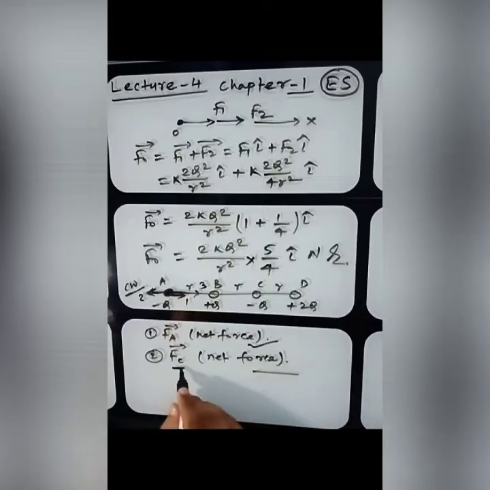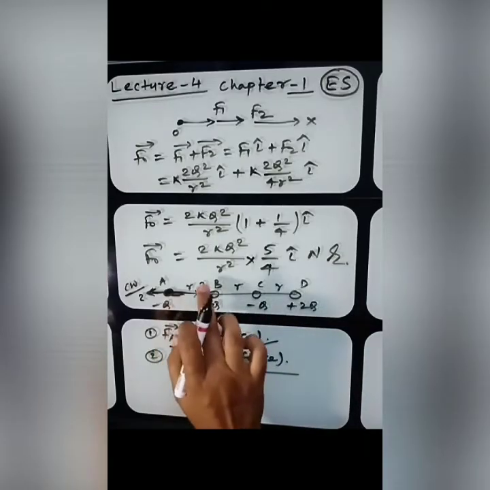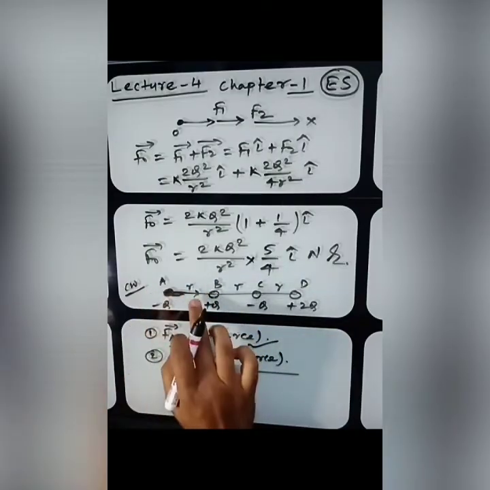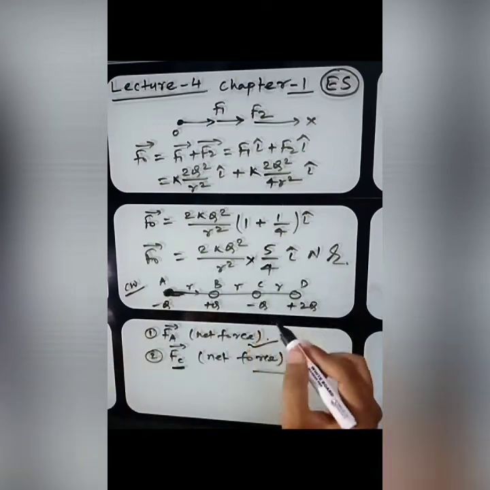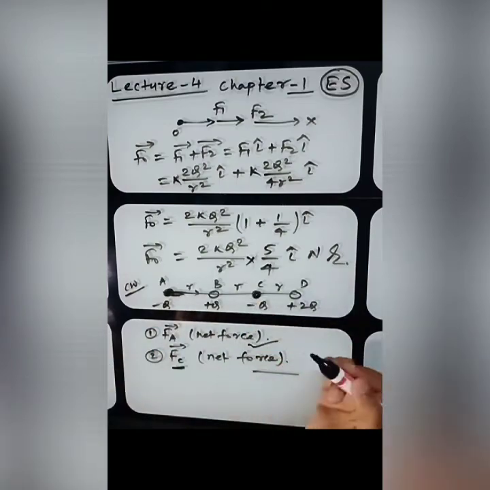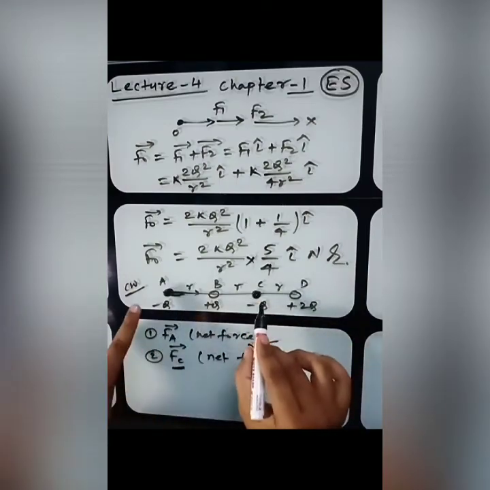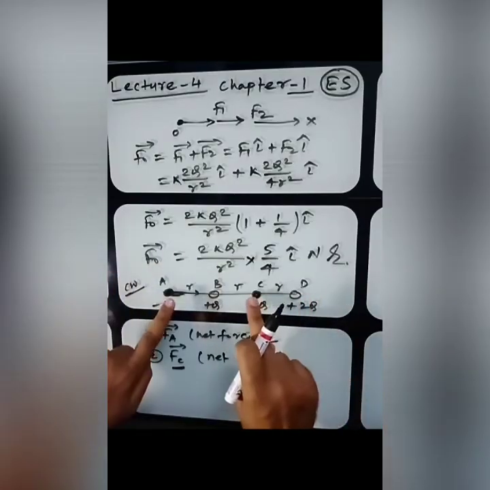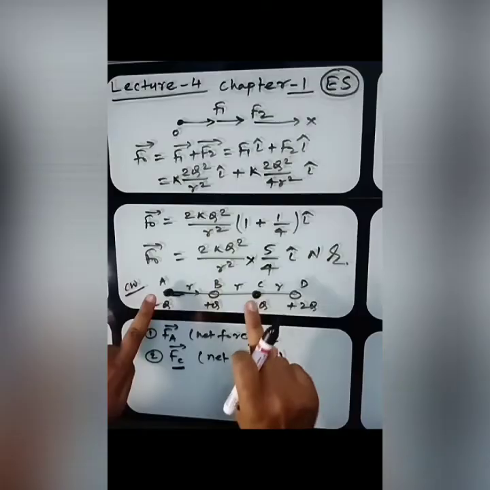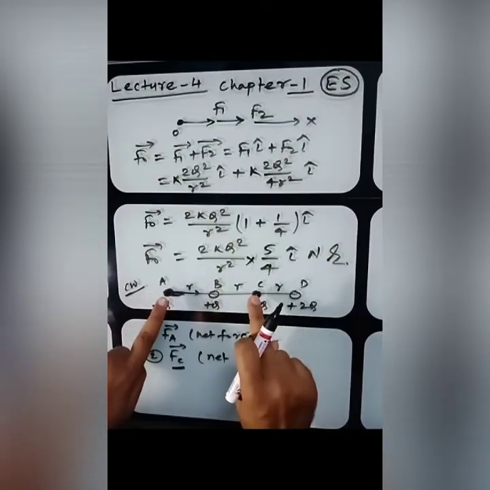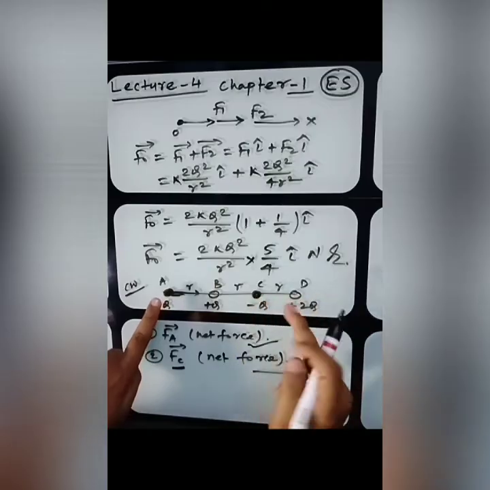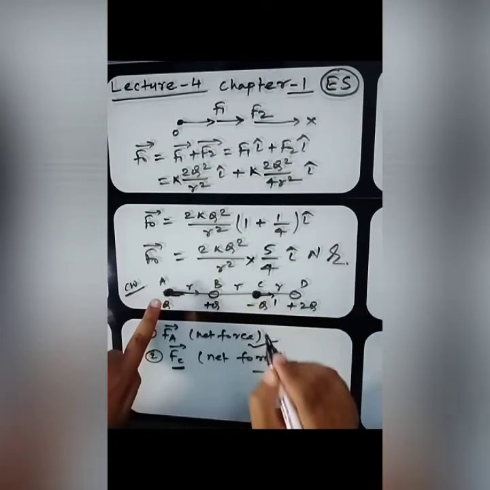Now the force on C. Over this charge here, one by one, between A and C, there will be repulsion. But we have to find the force now on C, not on A. So it will move towards i cap, that is along the positive x-axis. So this is the first force.